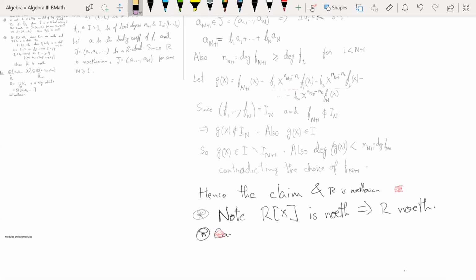A subring of a Noetherian ring need not be Noetherian. So you shouldn't think R[x] is Noetherian and R is a subring, that's why it's Noetherian. It's Noetherian because it's a quotient of R[x]. What is an example of a Noetherian ring whose subring is not Noetherian?